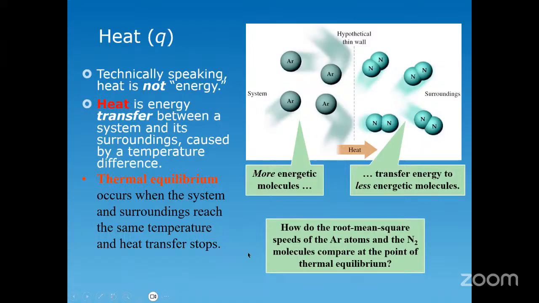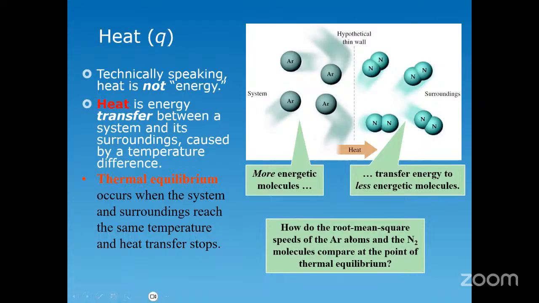That basically means that the argon gas over here would be at a higher temperature compared to the nitrogen gas on the other side. So, as I said before, the heat will flow from the more energetic, higher temperature molecules to the less energetic, lower temperature molecules, right? And that heat flow will continue until both sides have the same temperature.